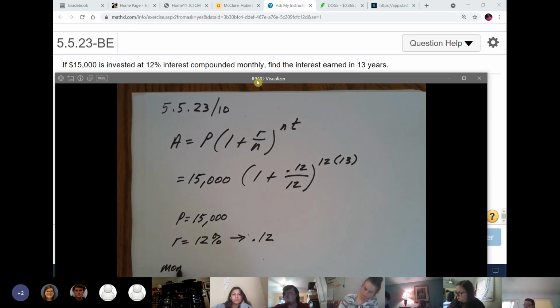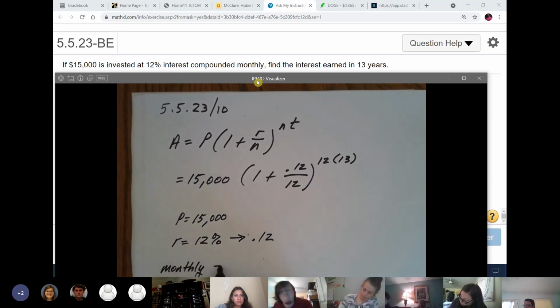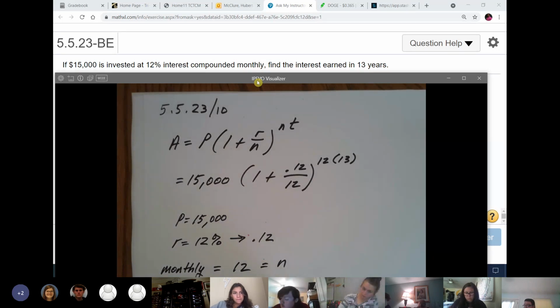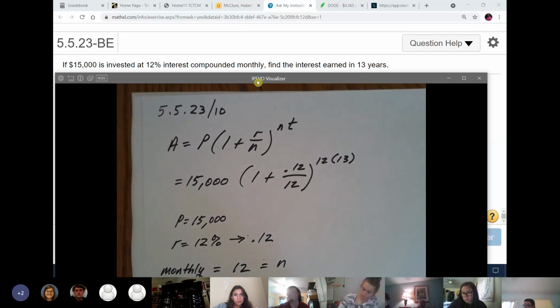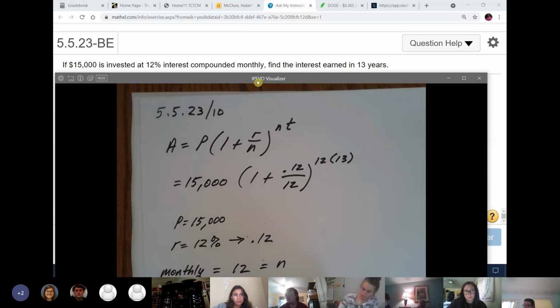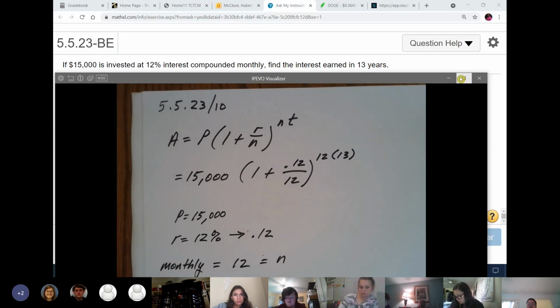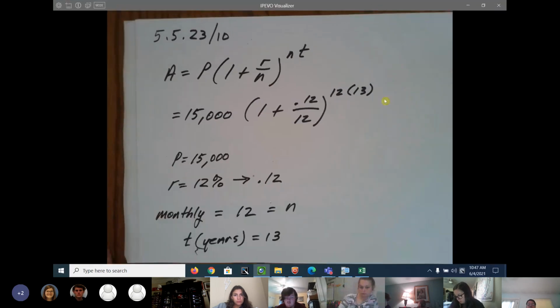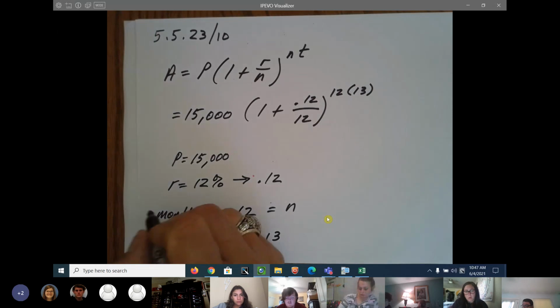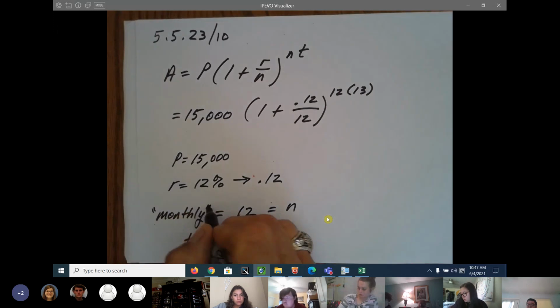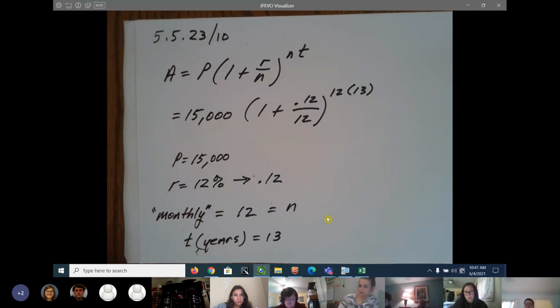Monthly equals 12, so that's N. And then T is in years, and that is 13. Now, I always add that because sometimes people get a little bit confused about N and T. And this right here tells you that N is 12.